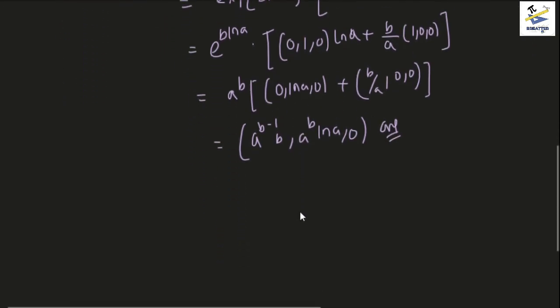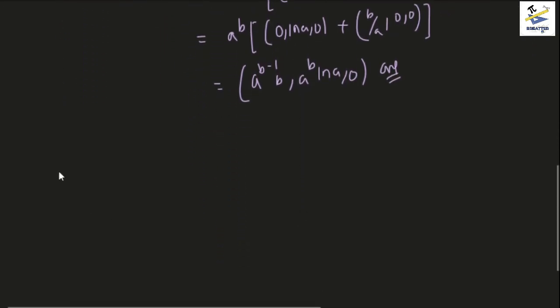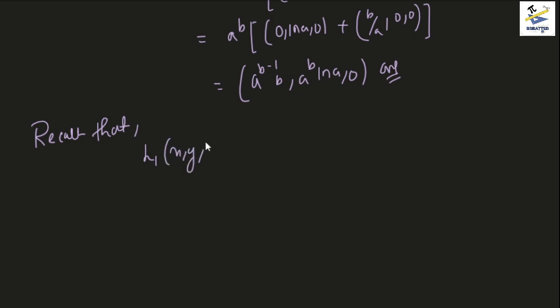Now comes the part for dh1. So recall the function h1 first. h1 of xyz was basically equal to sine of x sine of y sine z.